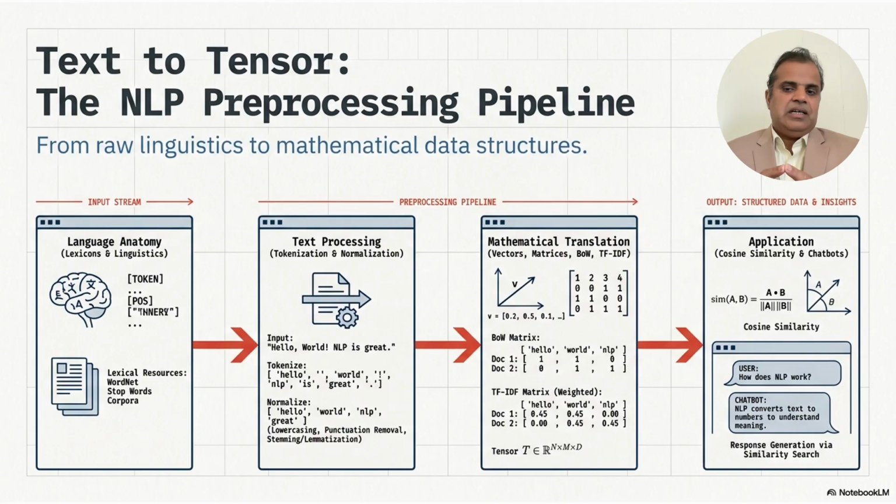Finally, we will see how these numbers power real world applications such as calculating document similarity and building functional chatbots. Our goal is to understand how we turn a word into a coordinate in a multi-dimensional space.